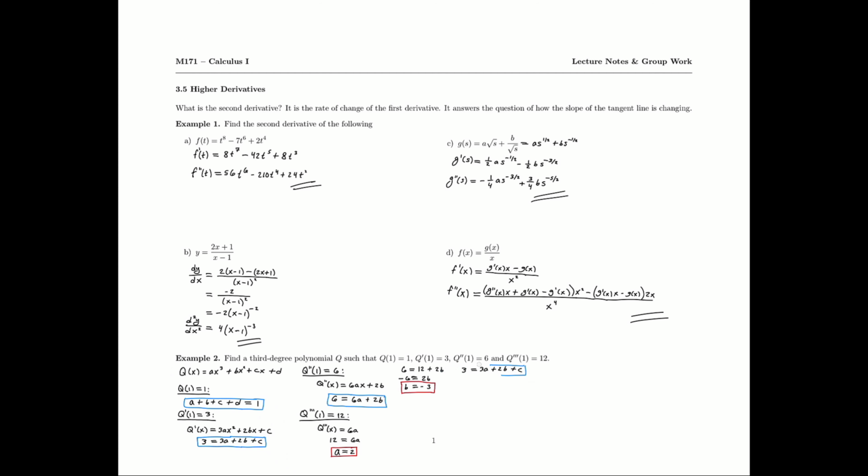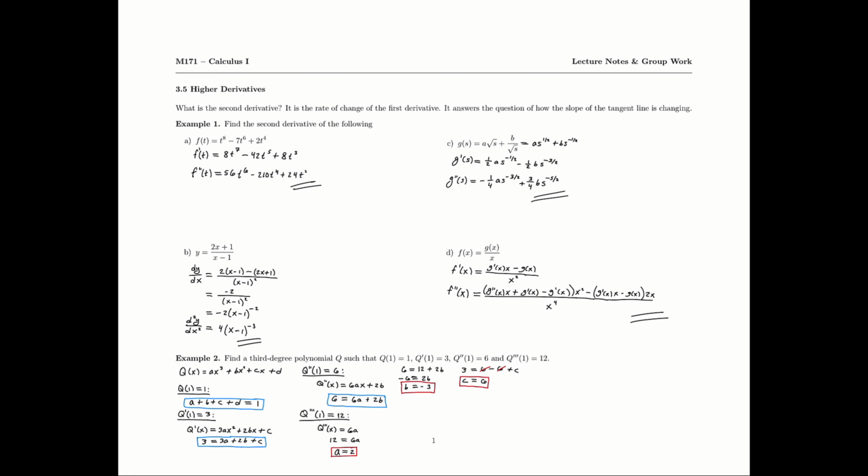So if we're borrowing that, then we are plugging in 3a, which is going to become 6, 2b is going to be negative 6, and plus c, well, that's what we need to figure out. The 6's cancel, so we get c equals 6.